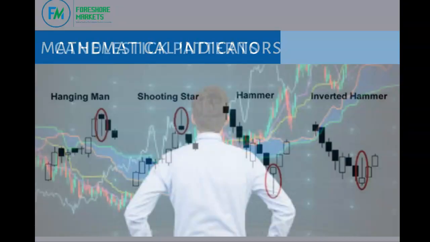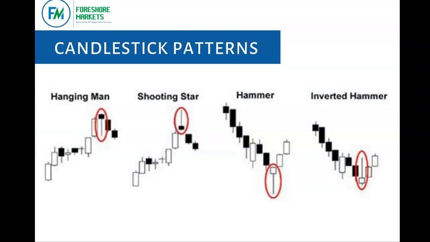There are numerous continuation patterns in candlesticks, so you do that as an assignment. Go into Google and search candlestick patterns, candlestick continuation patterns, and you see a lot of them.